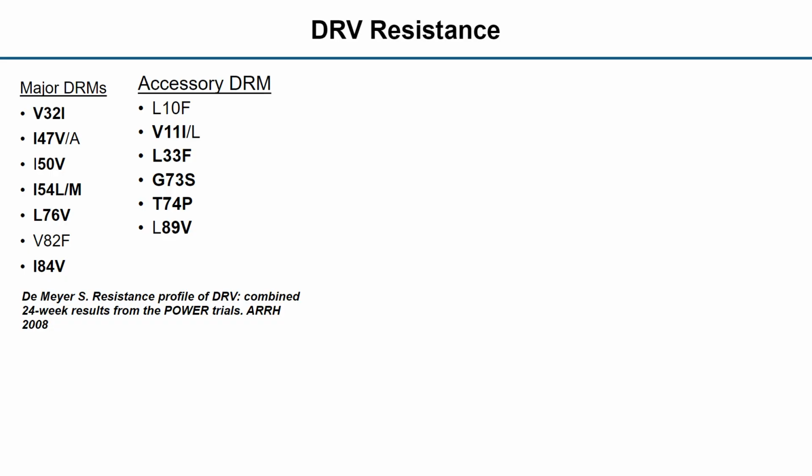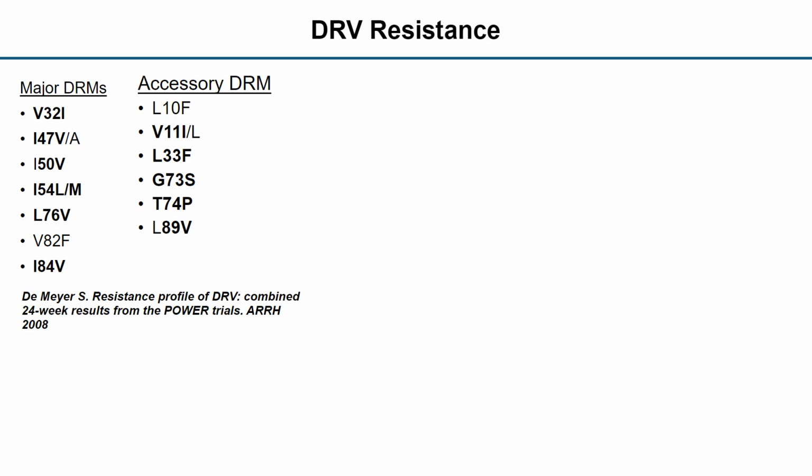The genetic mechanisms of darunavir resistance have been well defined since they were first characterized in 2008, and little has changed in our understanding since then. Darunavir resistance is driven by a group of major mutations at 7 protease positions, supported by accessory mutations at 6 additional positions.